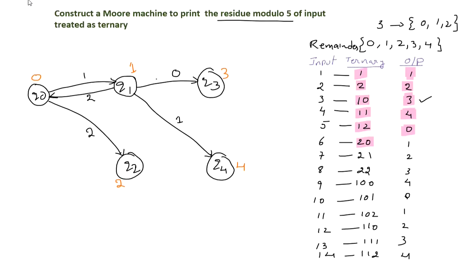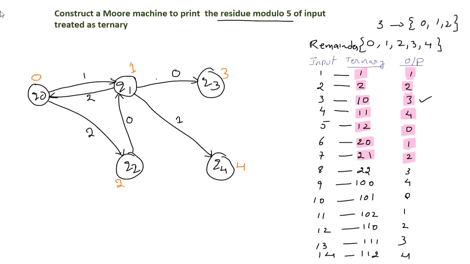If the input is 2 0, it has to get the output 1, so it has to reach the state Q1. That means with 2 it has already reached Q2, and Q2 on 0 has to move to the state Q1. If the input is 2 1, it has to reach the state Q2 so the output is 2.